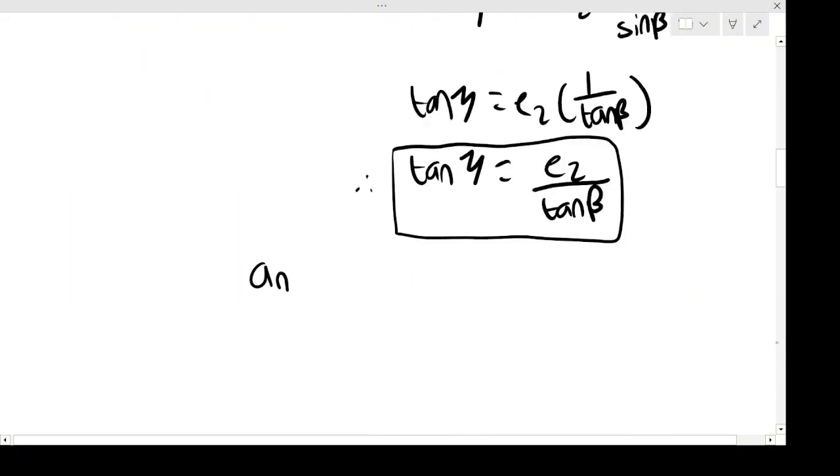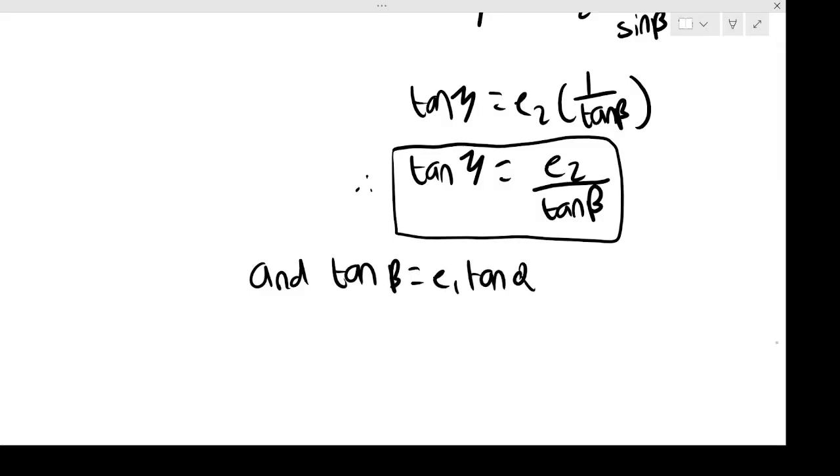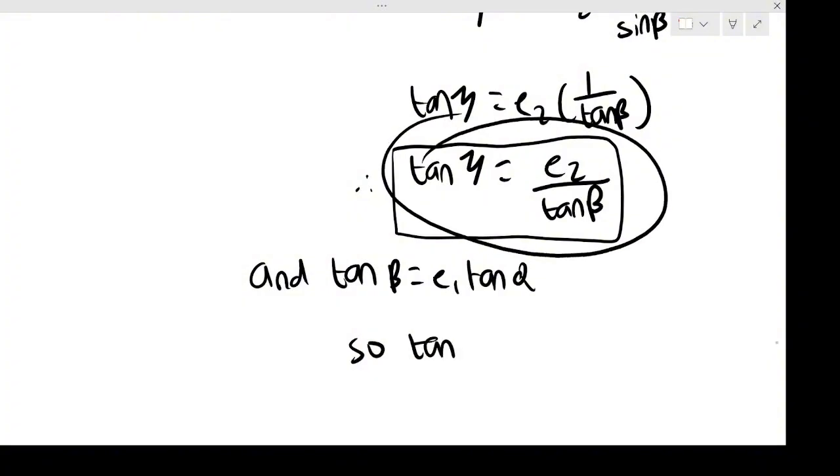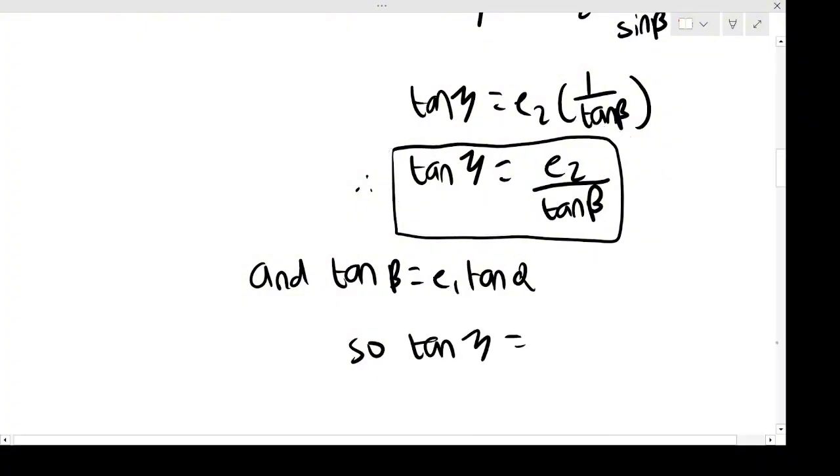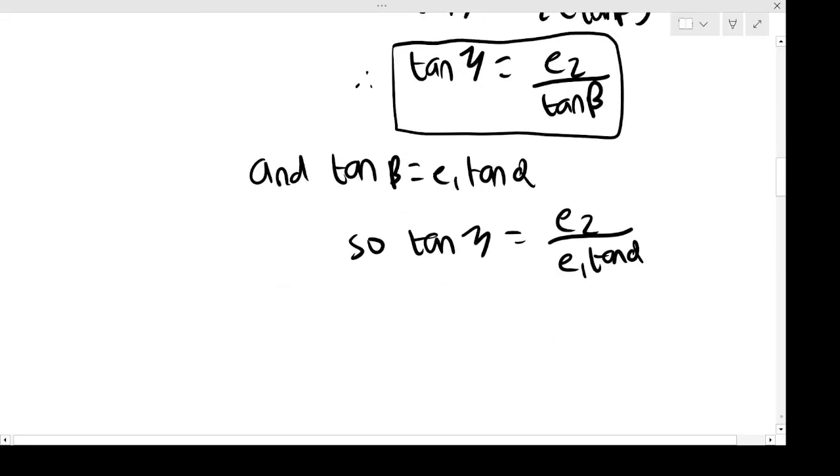So I'm going to say tan beta is E1 tan alpha. So tan gamma, if I substitute it into here, I get tan gamma to be E2 over E1 tan alpha. And there we are.